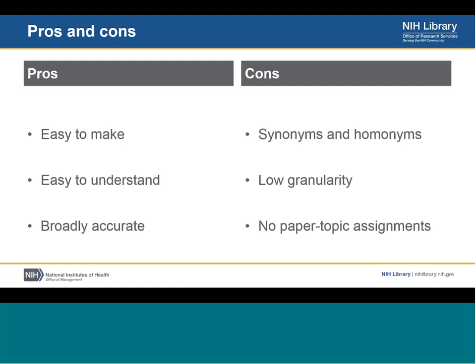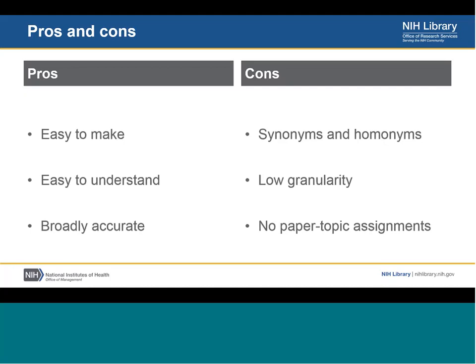And the final sort of disadvantage here is you don't get an assignment of a paper to a particular research topic. Again, we're just working with the terms here, so we can get a sense for what the terms are that appear in the document set, but you don't get to say that this document belongs to this topic area. You don't get that kind of level of detail.